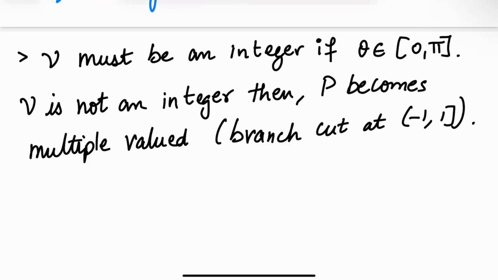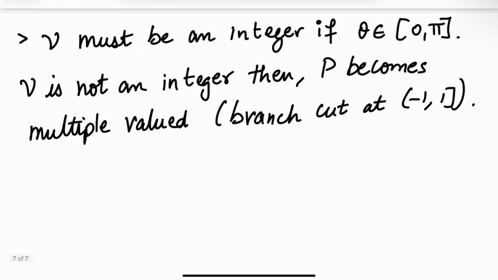I'll just mention that P becomes multiple valued, and that's the reason mu must remain an integer, because in physics we can't have multiple valued functions. For example, when looking for solutions to Maxwell's equations, we know they are unique. You can't have two different values of P, because then you would have two different potentials that are both equally valid, which means two different solutions. That's not possible.